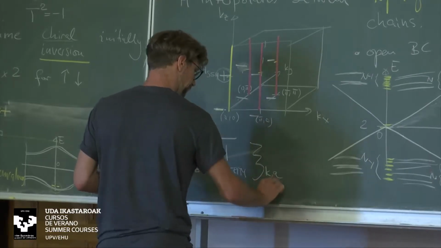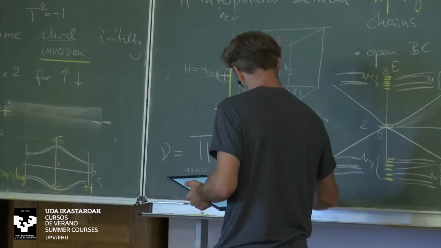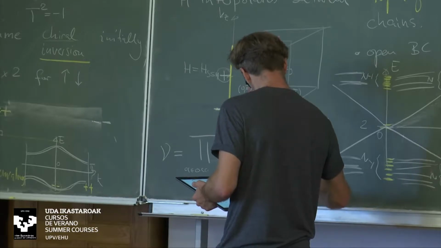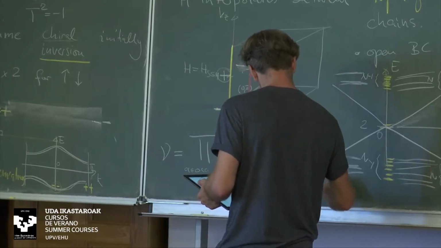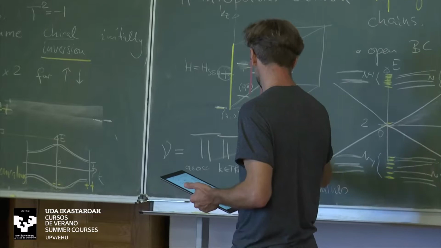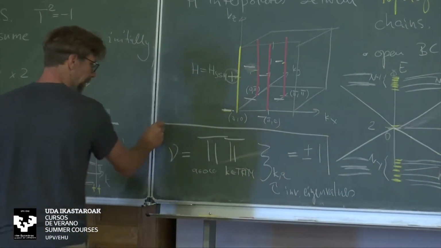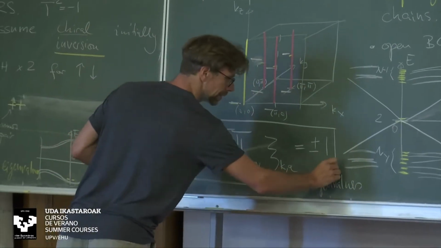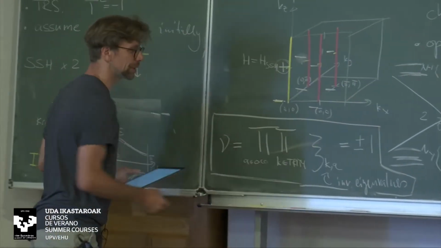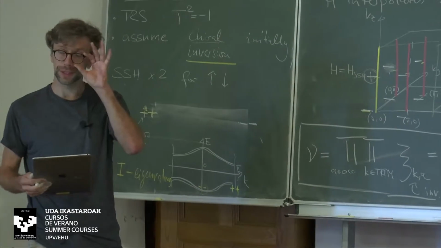Yeah? So these are inversion eigenvalues. And you count every Kramers pair once. And this product can give you plus or minus 1. So this is the so-called Fu-Kane formula for inversion symmetric TIs.